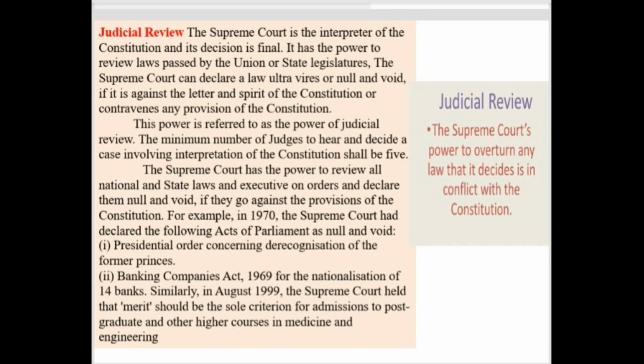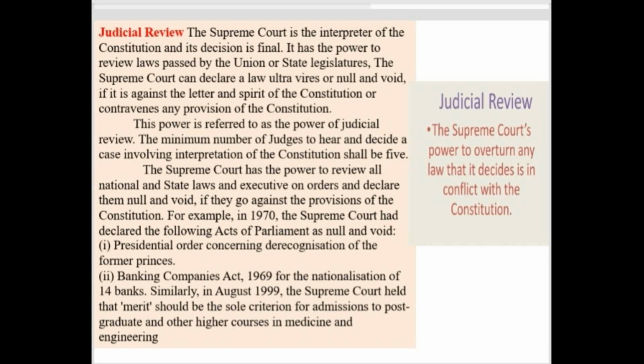That means the legislative body has exceeded its limit of making laws, and otherwise it also declares such laws null and void, that means invalid. So only when the laws go against the spirit of constitution, the Supreme Court can declare such laws as ultra vires or null and void. And such power of Supreme Court is referred to as judicial review.